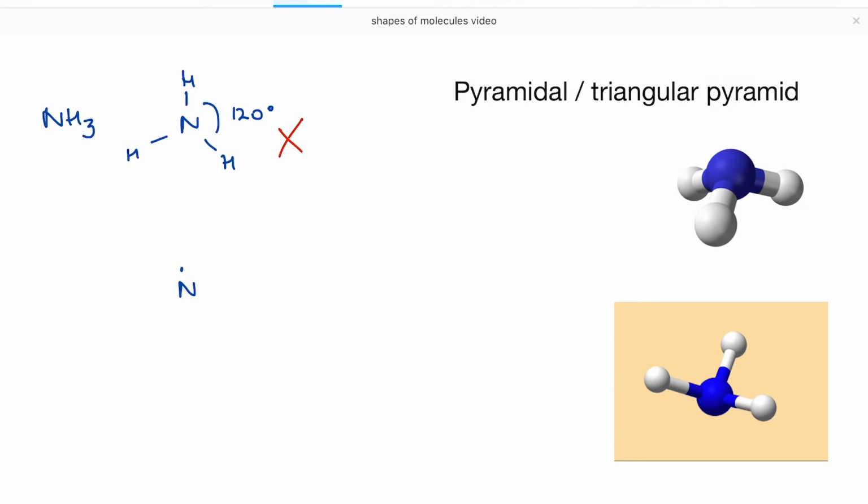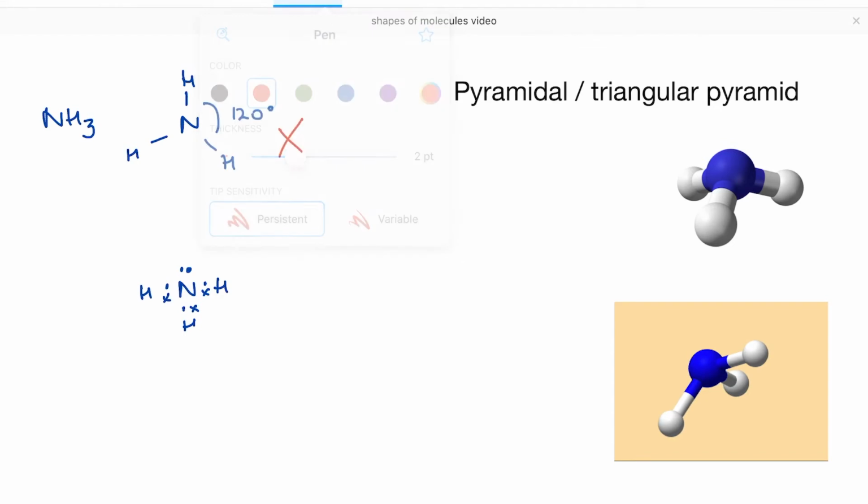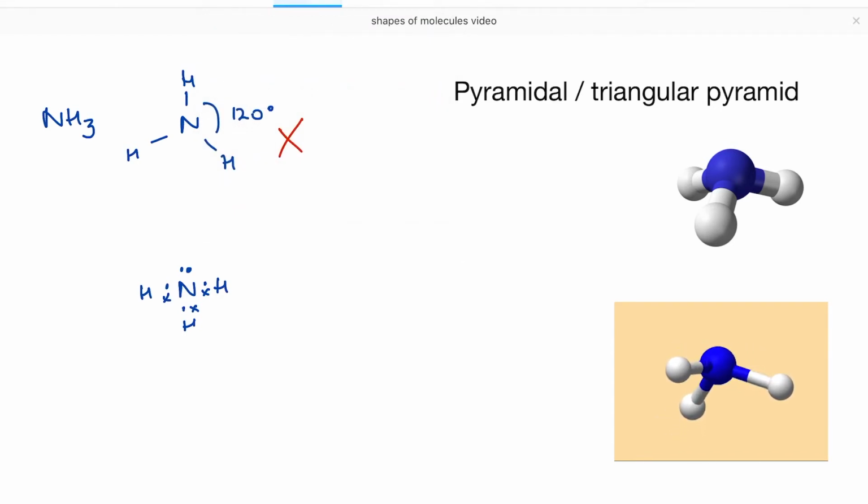Nitrogen has got 5 electrons in its outer shell, it has a lone pair, and then it uses 3 to form bonds with hydrogen. This means that round the central nitrogen atom, I actually have 4 areas or regions of electron density composed of 3 bonding pairs and a lone pair.